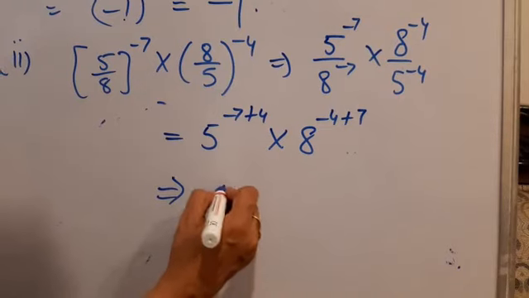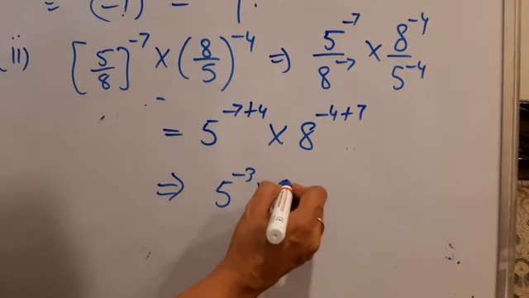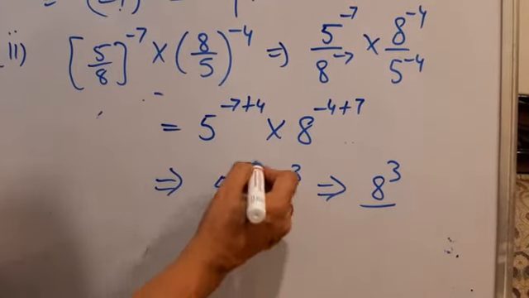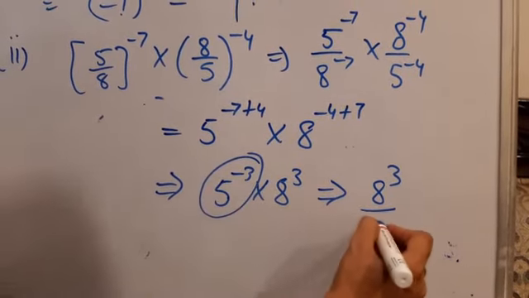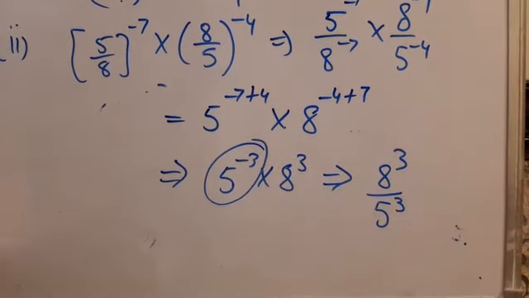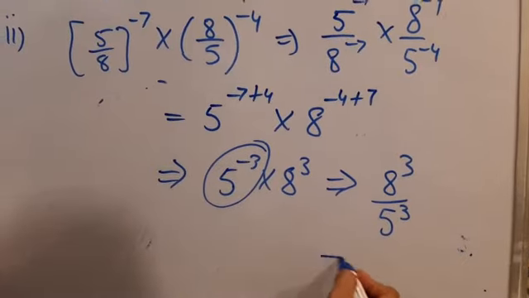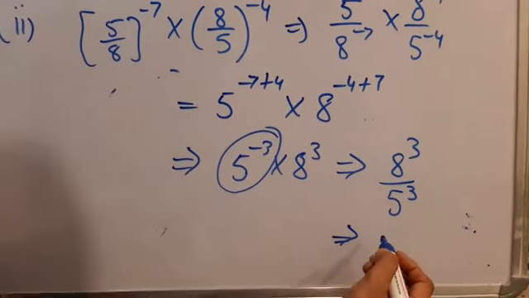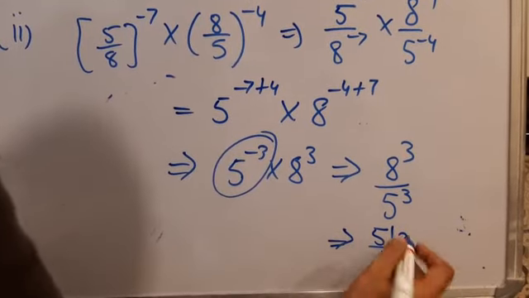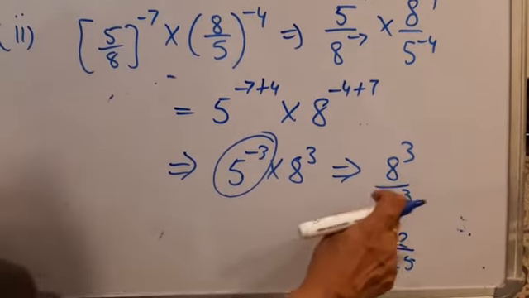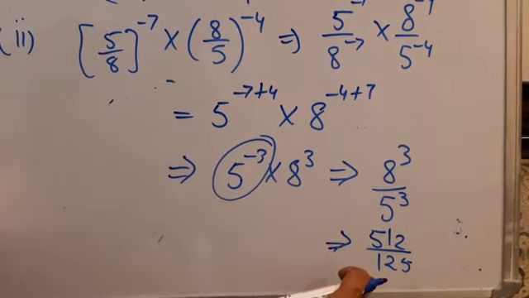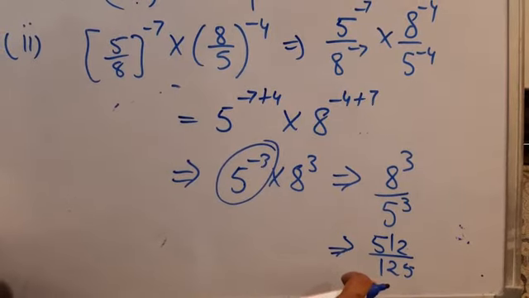Now 5 raised to power minus 3 and 8 raised to power 3. Again it will become 8 raised to power 3, and this power is negative, make it positive, it will go in the denominator and it will become 8 raised to power 3 upon 5 raised to power 3. When you solve this, you will get 512 upon 125. 8 cube means 512 and 5 cube means 125. This is the result. This way also you can do your sum. I have explained both ways to you.